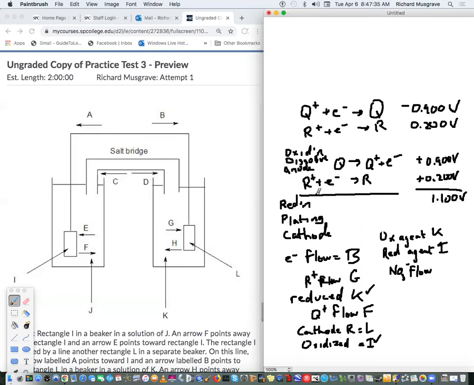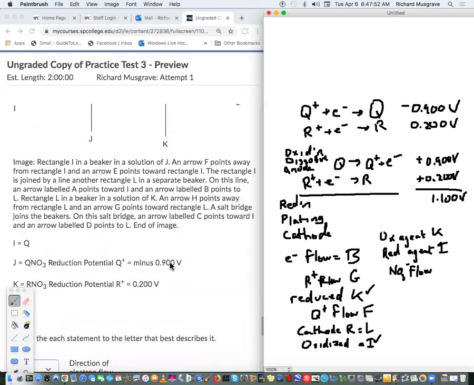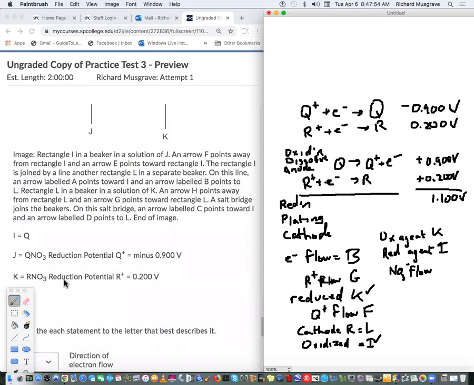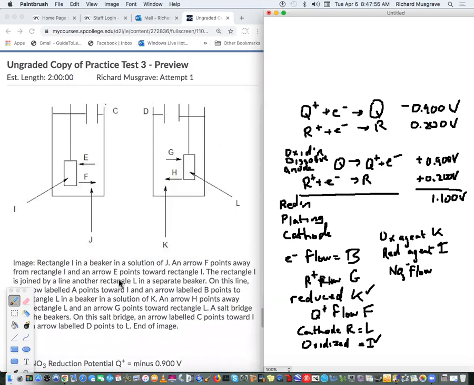So I think that's what you've got to focus on. It's not so much the diagram, it's the equation here. And R plus, as you can see, is K. It's not L. That's R. That's R plus. You know that because down here, K is RNO3, which is R plus, and it even says it there.